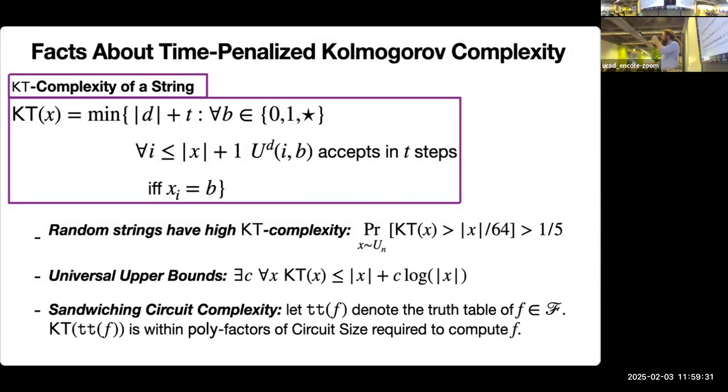And then finally, this is very similar to what Russell was observing. And this is also one of the very frustrating things about what's going on here today. K big T sandwiches circuit complexity. So let's suppose that we've got the truth table of F, and F is an n-bit Boolean function. The K big T of that truth table is going to be within polyfactors of the circuit size required to compute that function.